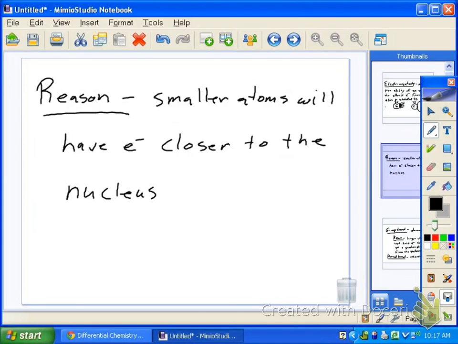The red circle represents the atom when it's charged, when it's an ion. The green circle is the size of the atom when it's not charged, when it's neutral. So it's the exact same size as what we looked at under atomic radii.